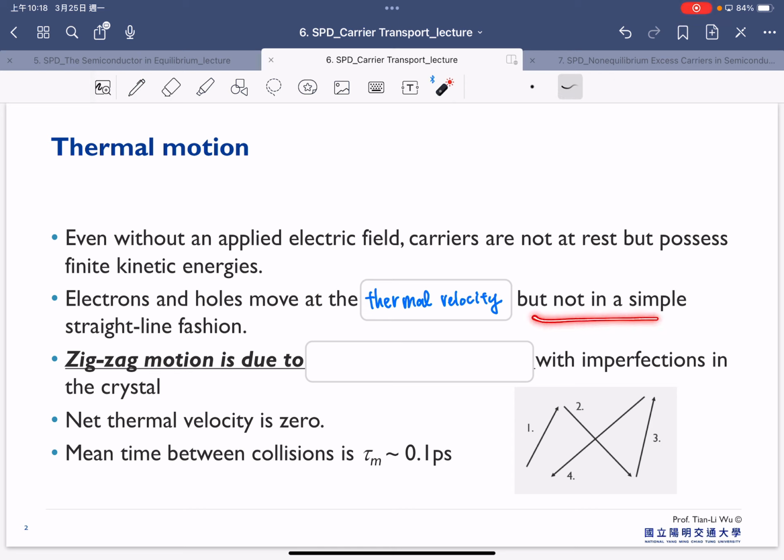But not in a simple straight line fashion. In the case without an additional field or concentration difference, the electrons and holes can move, but they move in a zigzag motion. It's due to collision or scattering.